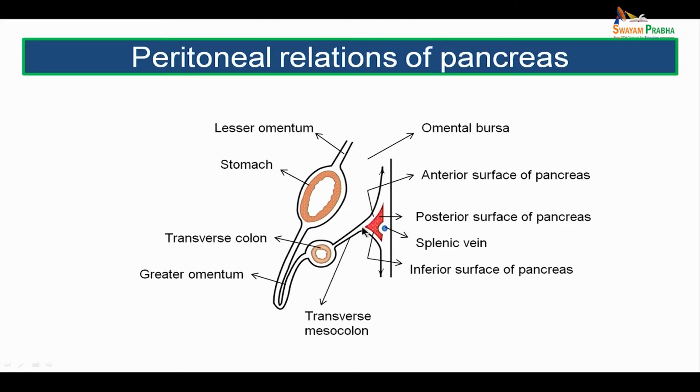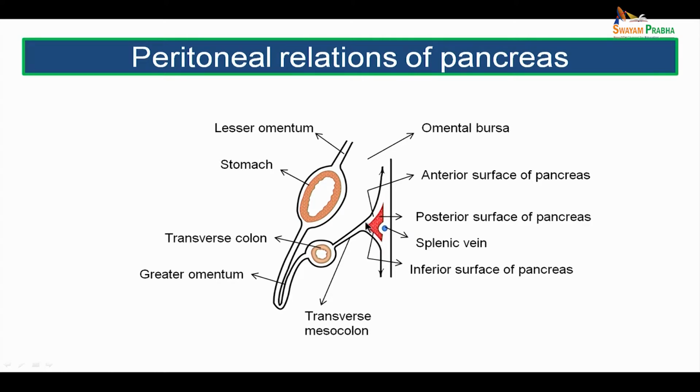As is seen here, the superior layer of the transverse mesocolon covers the antero-superior surface of the pancreas, while the inferior layer of the transverse mesocolon covers or lies anterior to the antero-inferior surface of the pancreas.